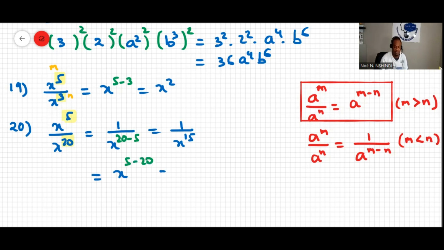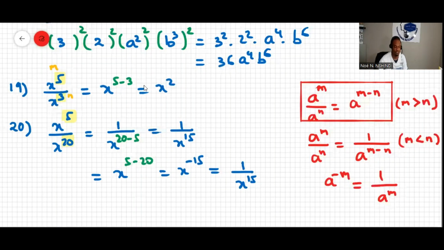And this is equal to x to the power of negative 15. This is right. But now we don't leave our answers with a negative exponent. This is where I need to apply another law of exponents that says a to the negative m is equal to 1 over a to the power of m. Now in this case, we can just write 1 over x to the power of 15.